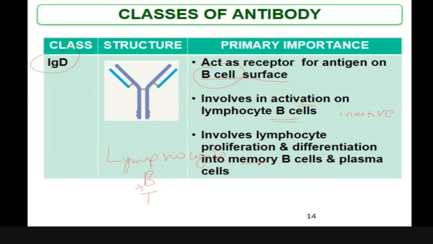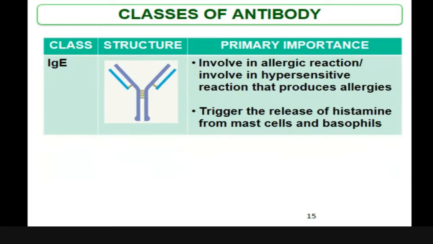Jadi bila memory B cell ni melibatkan ingatan ataupun untuk identify the same pathogen in the next encounter. Maksudnya kalau pathogen yang sama masuk kali kedua, dia sepatutnya ada ingatan dan dia tahu apa antibody spesifik yang boleh dihasilkan. Jadi kalau tak ada memory B cells, they will forget and our body will respond differently. Mungkin tak cekap atau mungkin lambat.